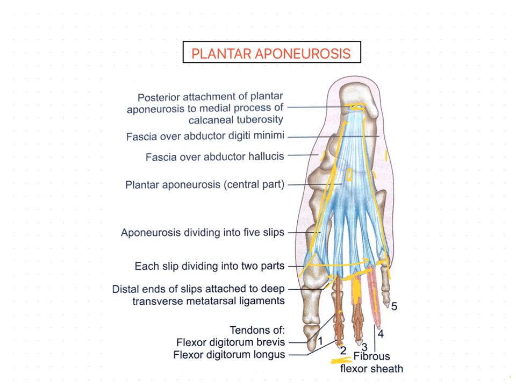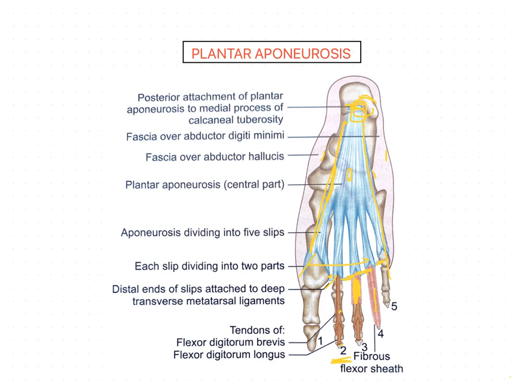Repeated attacks of plantar fasciitis may produce ossification in the posterior attachment of the plantar aponeurosis, forming a calcaneal spur. This is about the applied anatomy of the plantar aponeurosis.